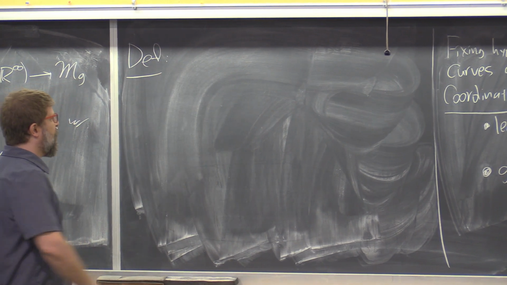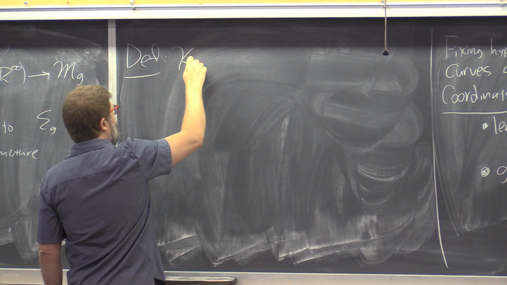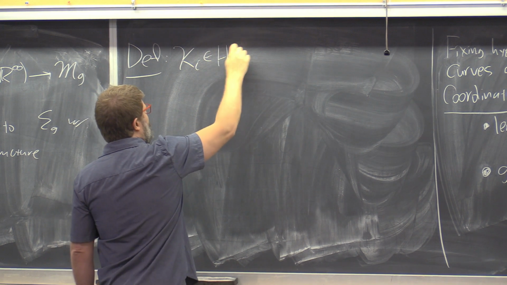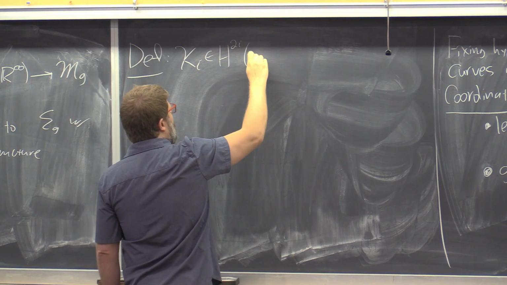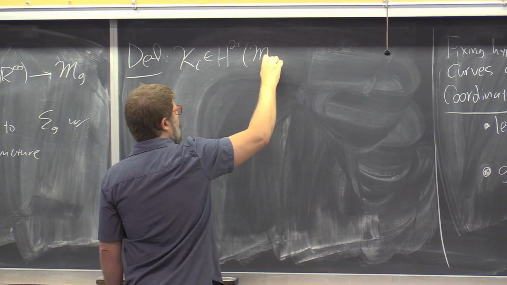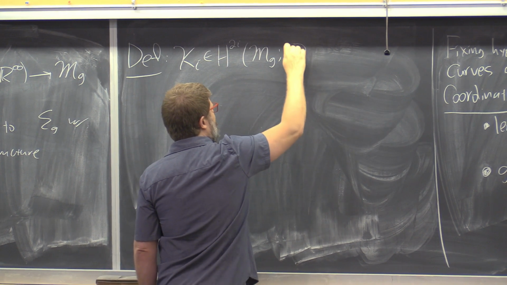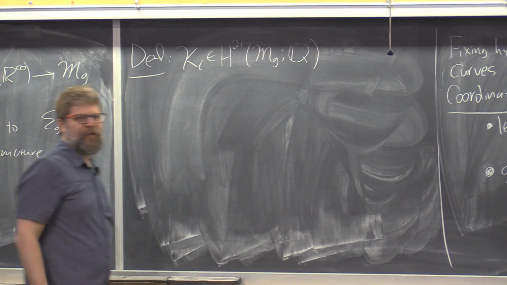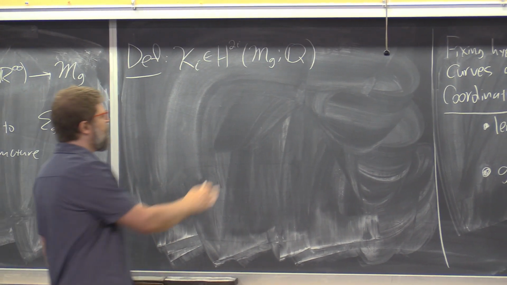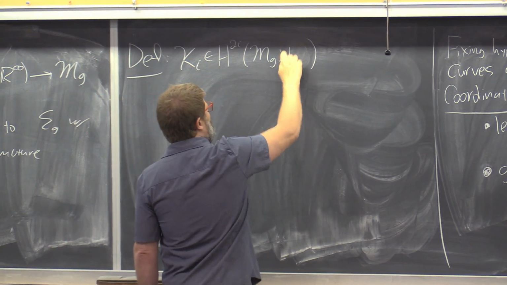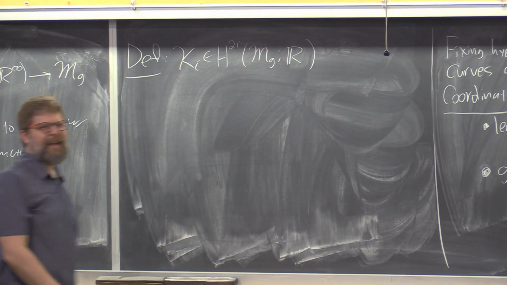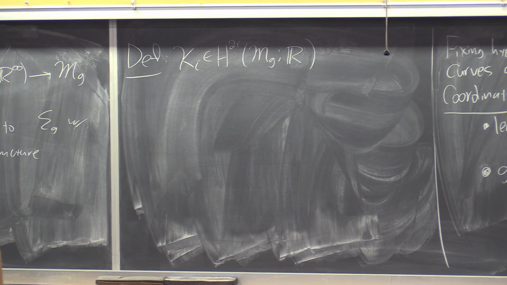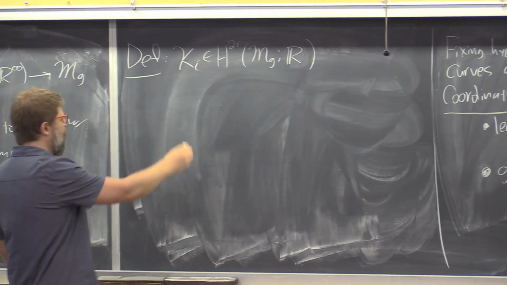They're going to lie inside degree 2i of the cohomology of M_g with, let's say, rational coefficients. Maybe I'll define them with real coefficients, because that's a little easier to say all the words you need to say.